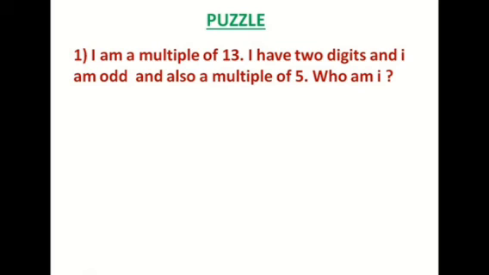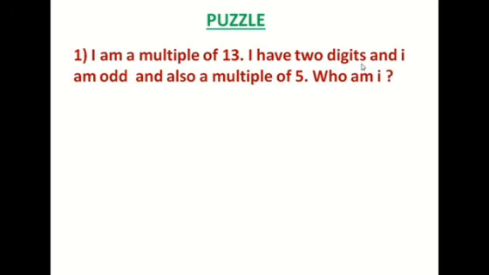So the first thing you will do, just write down the multiplication table of 13. Then slowly check the clues given here. I have 2 digits, so write down the multiplication table of 13 till you get 3 digits.